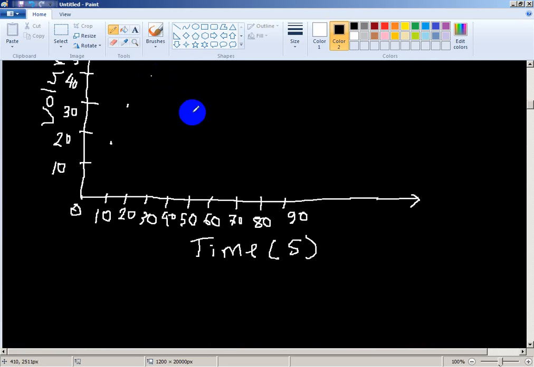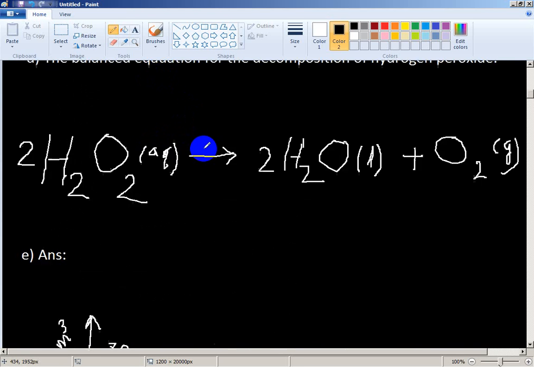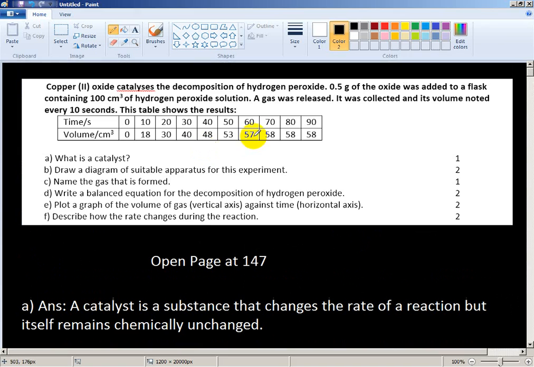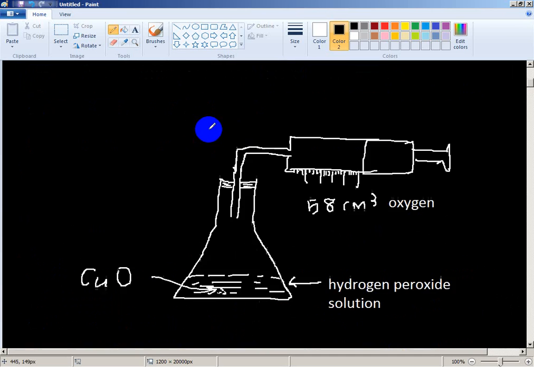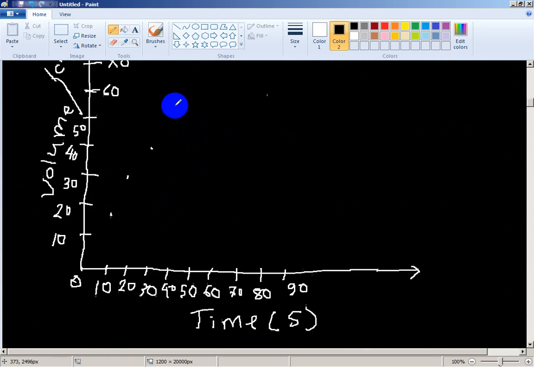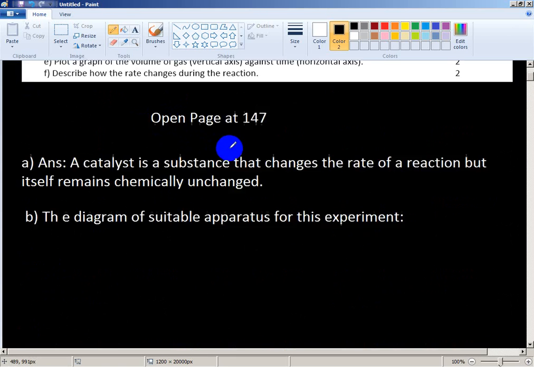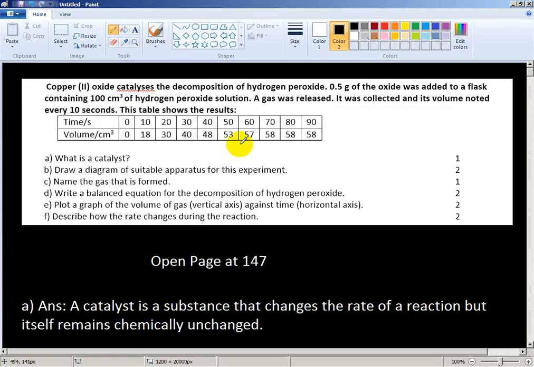Now when time is 40, volume is 48, not 50. This is 48. Now when time is 50, volume is 53.